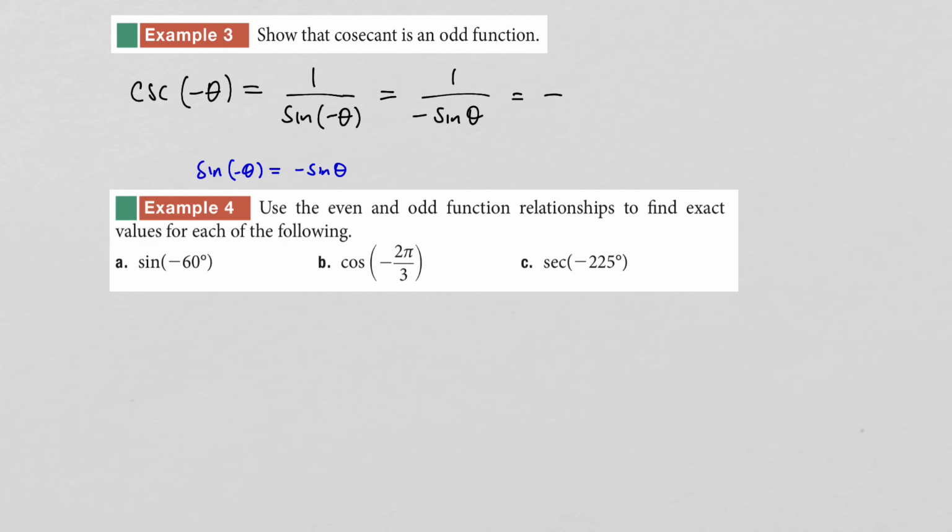And I could pull that negative out in front of the fraction, which is going to give us negative 1 over sine of theta. And then we know that 1 over sine is cosecant. So this is equal to negative cosecant of theta. So what I have here, if you take the beginning and the end, is cosecant of negative theta is the same as negative cosecant of theta. Therefore, cosecant is odd.